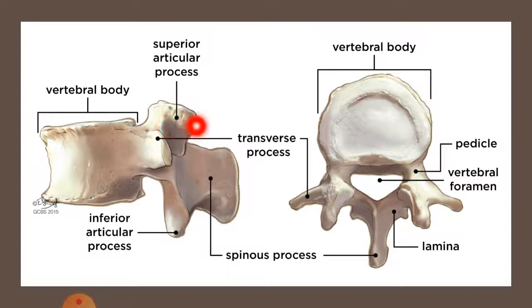You can also appreciate the superior articular process and the inferior articular process in this view. There will be two superior articular processes and two inferior articular processes. The superior articular processes will articulate with the vertebra above, and the inferior articular processes will articulate with the vertebra below.